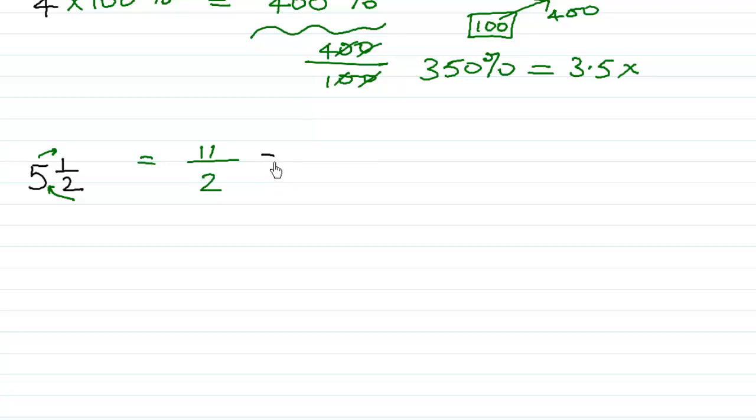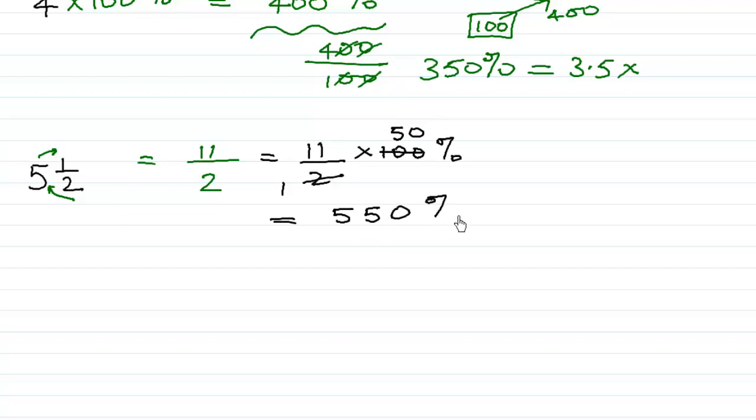So we can multiply 100% to 11 upon 2. So we have 2 ones are 2, 2 5s are 10, 0 as it is. So 11 into 5 is 55, 0 as it is. So 550%. So 5.5 is nothing but 550%.